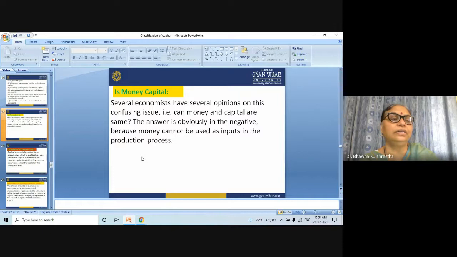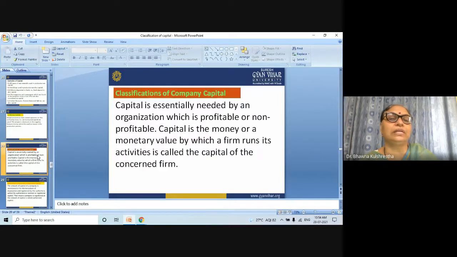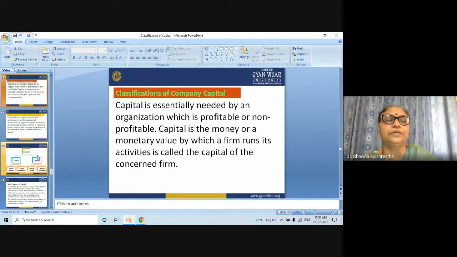And the next is the classification of company capital. Capital is essentially needed by an organization, which is profitable or non-profitable.